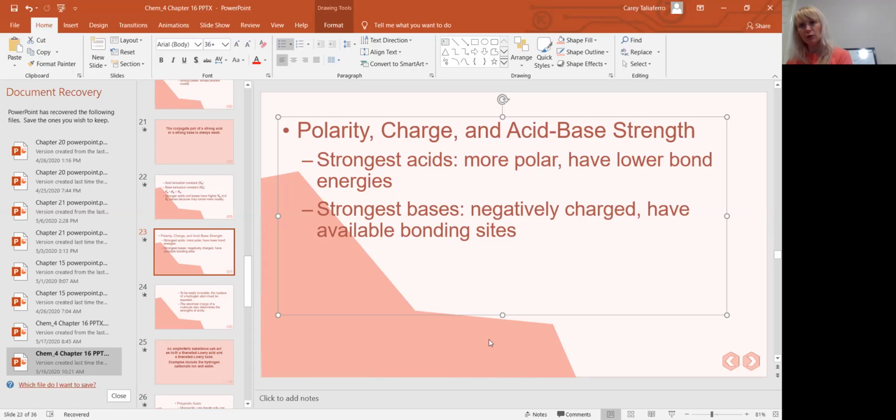So fluorine is going to pull those electrons in, hydrogen is going to pop off, and it's going to donate that proton. And then as compared to methane, it's not as electronegative, that carbon atom, and those bonds are covalent there. So methane does not want to give up. The difference in electronegativity between carbon and hydrogen is not that great as compared to, say, hydrogen and fluorine there at the bottom. Okay, so the differences in electronegativity and whether or not you have a polar molecule make a difference.